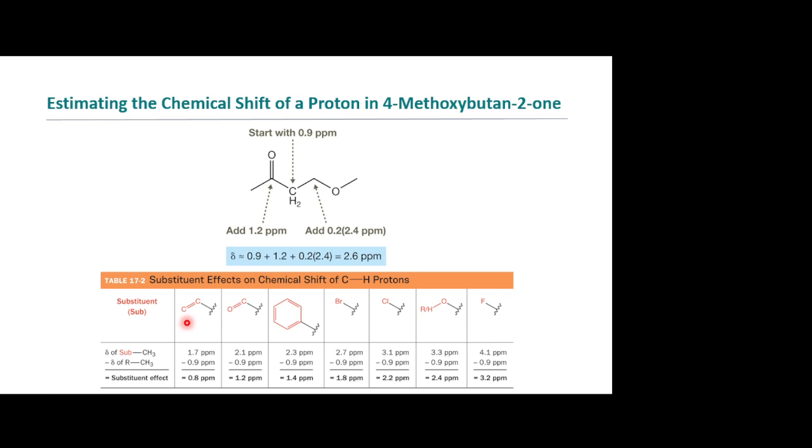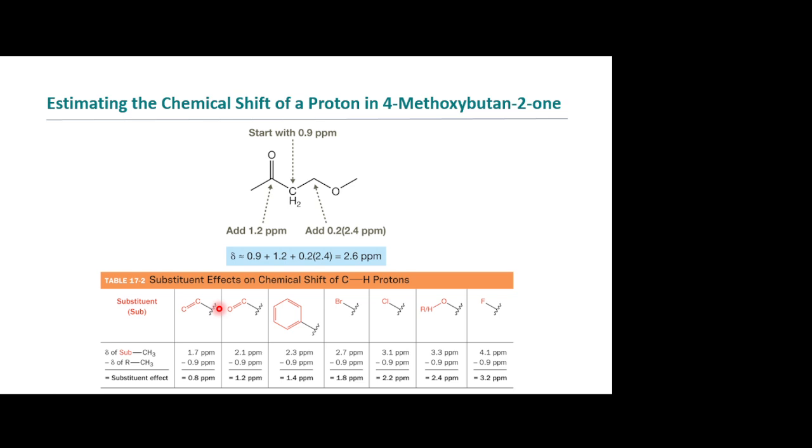Okay? So that would be the effect of having the alpha position off a double bond. Is that making sense for everybody? So in all of these, you're looking at the CH3 over here with hydrogens on it. Okay? This is then the substituent. So if you have that substituent and you have a CH3 off of it, we would add that number.